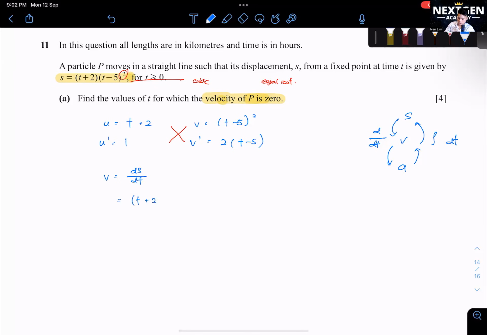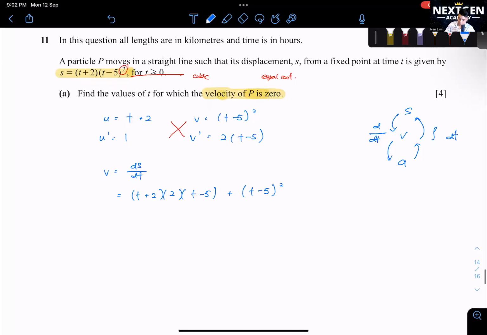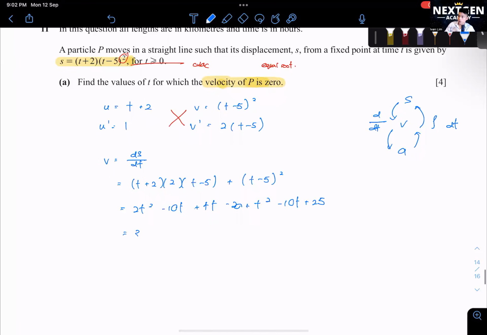Cross multiply it: v equals (t plus 2) times 2 times (t minus 5) plus (t minus 5) squared. Open up: 2t squared minus 10t plus 4t minus 20 plus t squared minus 10t plus 25. You will get 3t squared minus 16t plus 5.